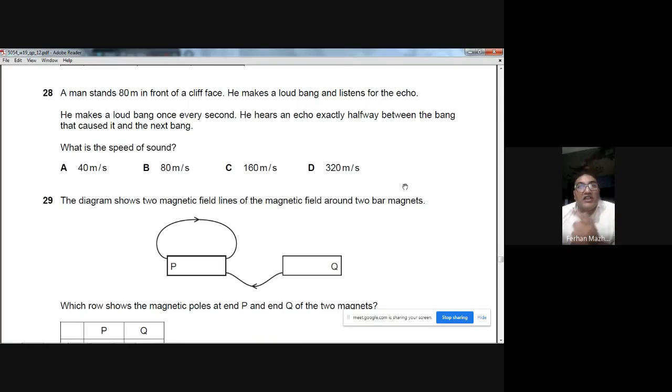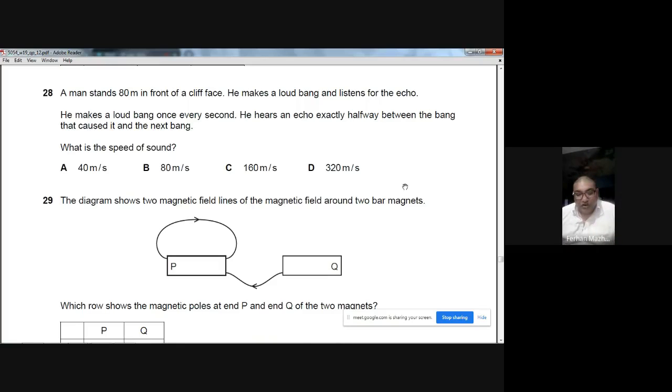What is the speed of the sound? So see, he's making the bang after every 1 second, but he heard the echo after half a second, between one bang and the other bang.